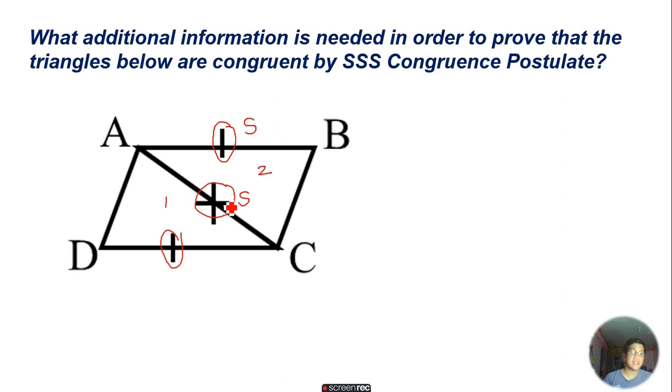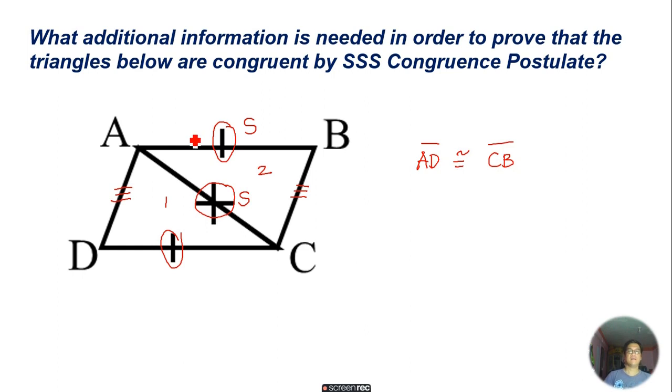So in this case, we are going to get the remaining side. So this one and this one. Now take note of the orientation. So if I say I'm going to get AD, so side AD, that would be congruent to side CB.